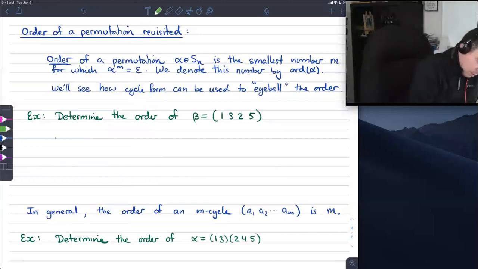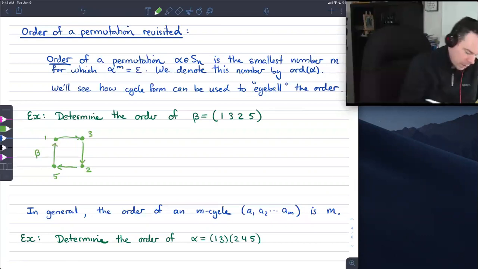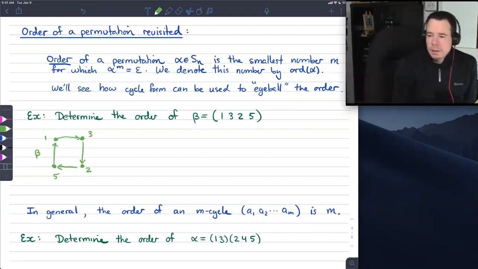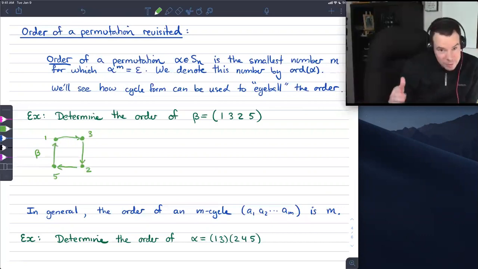We've got this permutation beta. What it does is it takes 1 to 3, 3 to 2, 2 to 5, and 5 back to 1. So that's our permutation beta. The smallest power, the smallest number of times I've got to compose beta with itself to get every number to return back to where it started, is going to be 4.